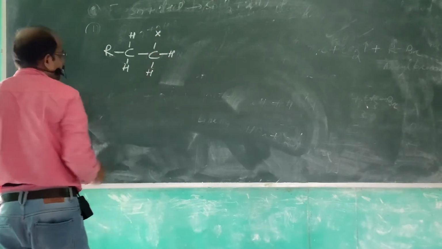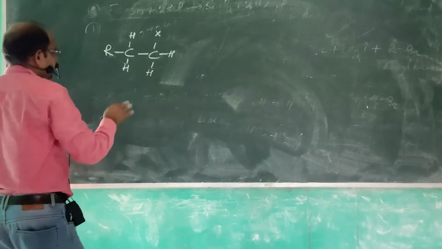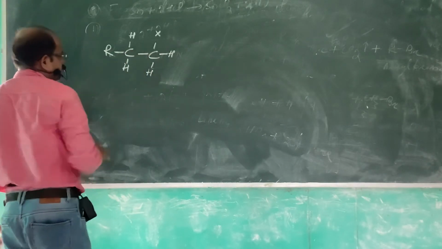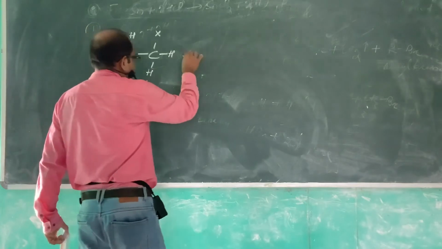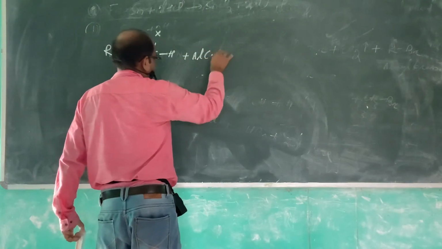This is the formula for an alkyl halide having 2 or more carbon atoms, reacting with alcoholic KOH.